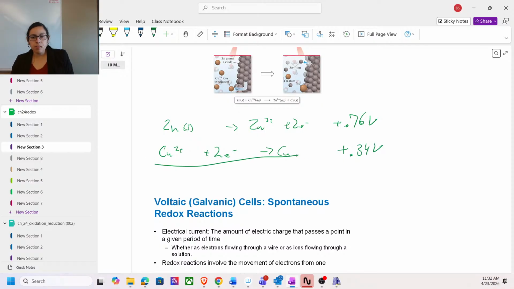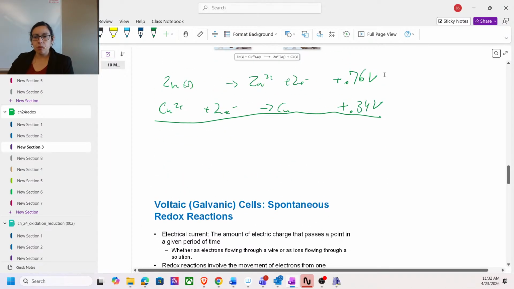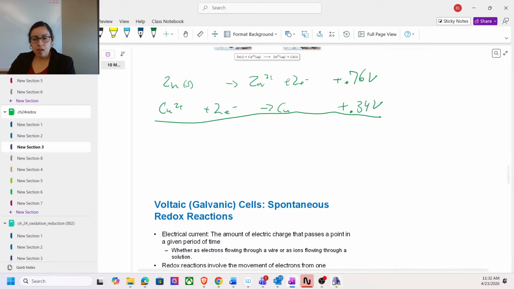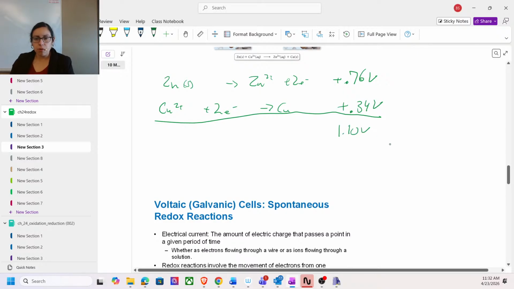Okay, so now this is telling us our theoretical potentials. We'll add these now that they're appropriately flipped. So 0.76 plus 0.34 gives us about 1.10 volts.